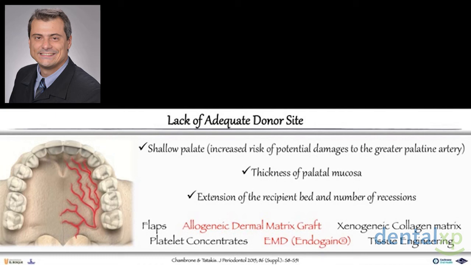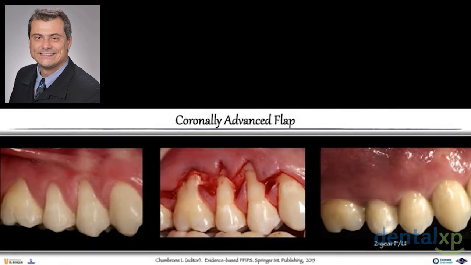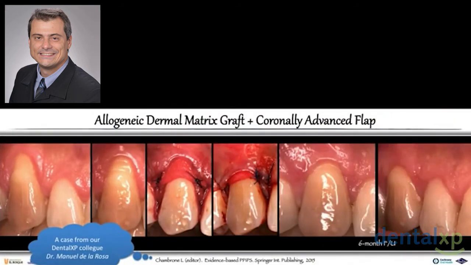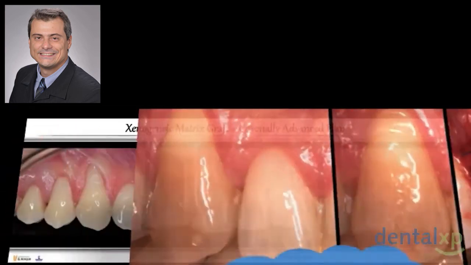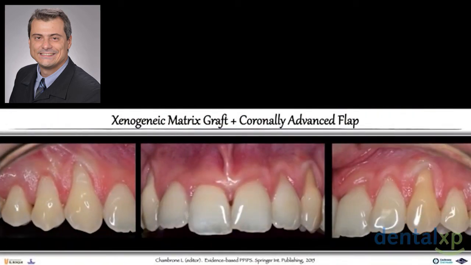So, for those cases where a subepithelial connective tissue graft cannot be used, we should provide options to our patients. For example, in this case where we have multiple recessions treated with the coronally advanced flap, or the use of allogenic dermal matrix grafts, even in sites of single recessions, but for those patients that do not want to be harvested from the palate, or even xenogenic matrix grafts.